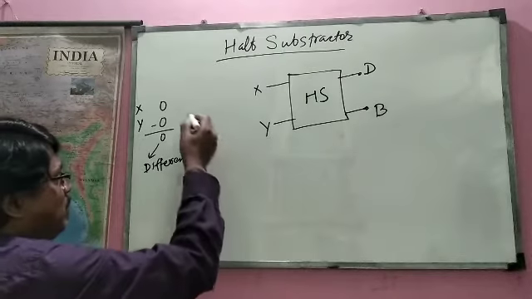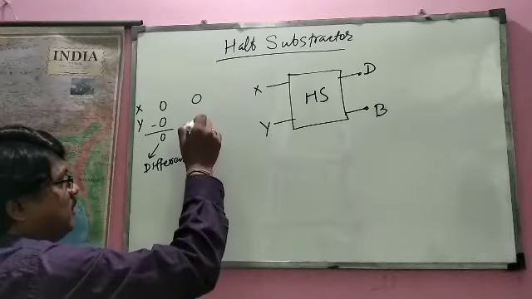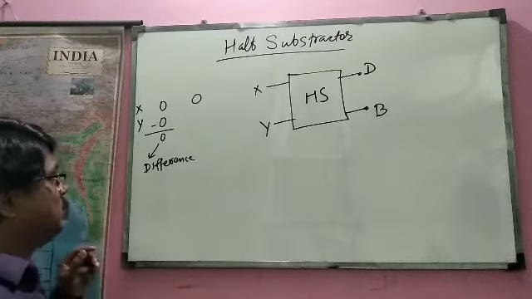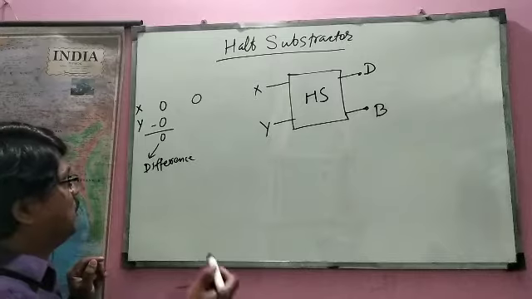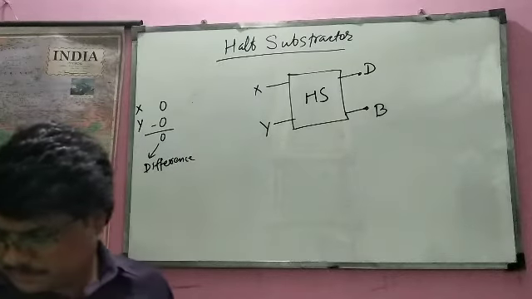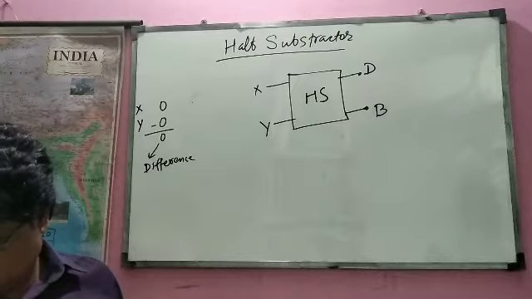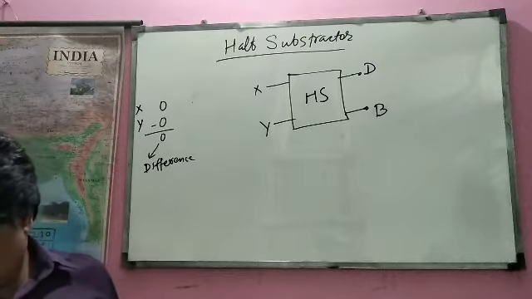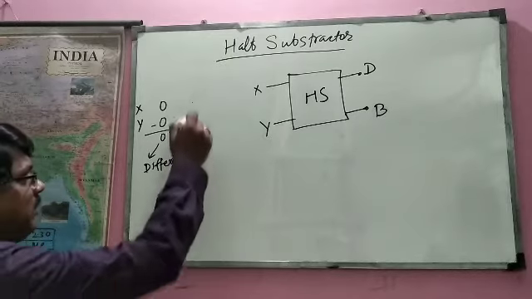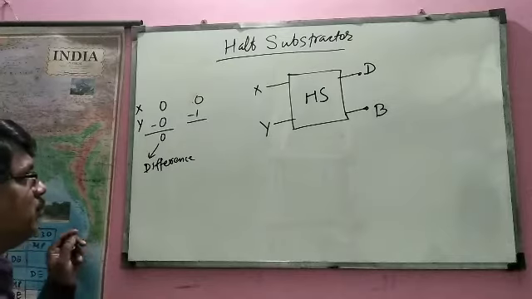Now what is the other possibility? We can subtract 1 from 0, that is 0 minus 1.